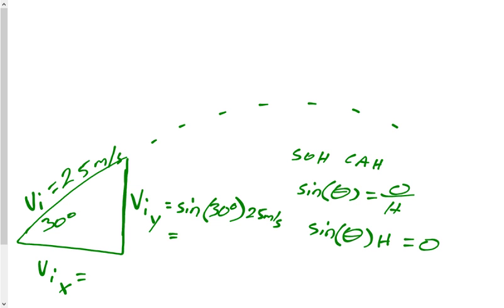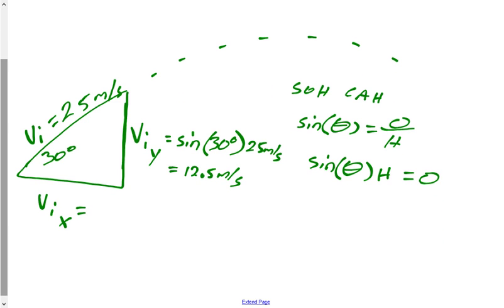We can plug this into our calculator and get some value. The sine of 30 times 25 will give us 12.5, because the sine of 30 is 1/2. So that's going to be 12.5 meters per second. That means that this thing is going to have a vertical component of 12.5 meters per second at the initial launch.